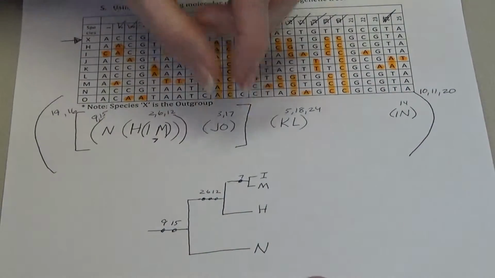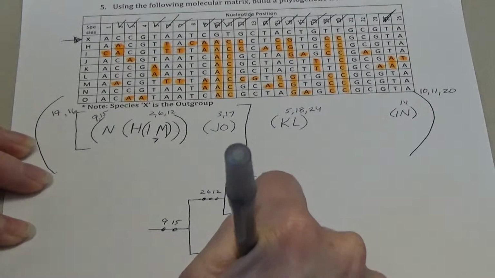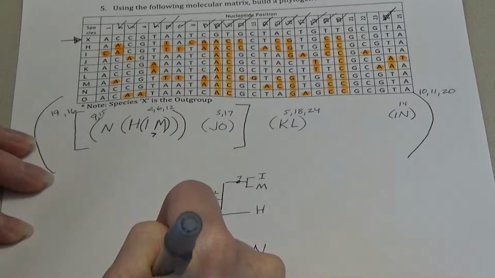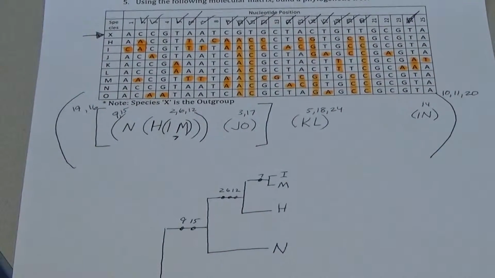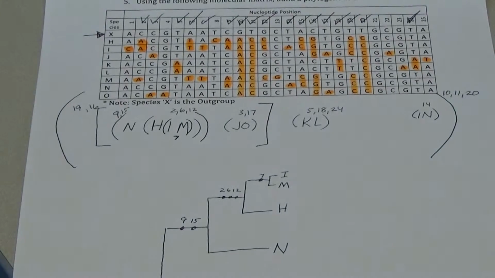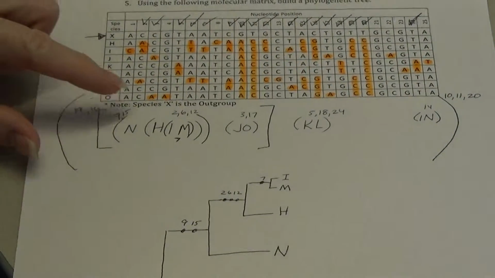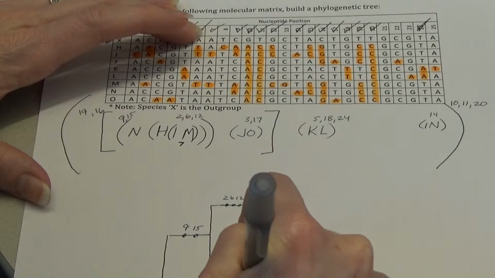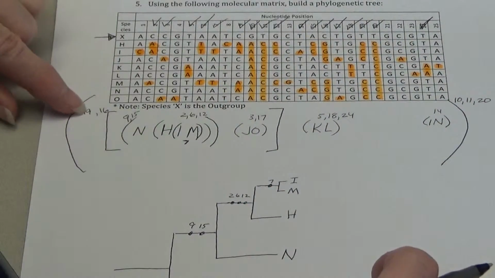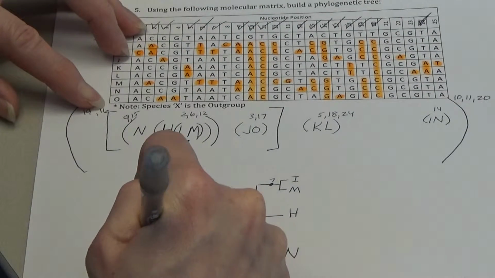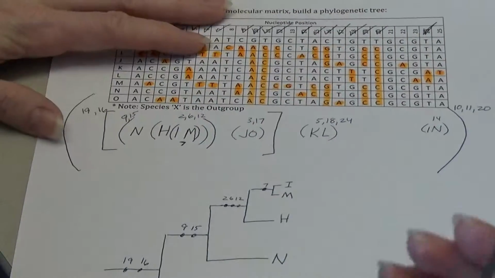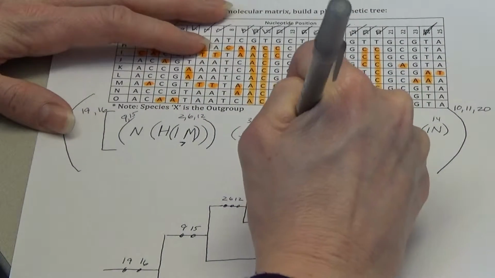Okay, and then next to them is this JO group. So let's draw the JO group and put it next to them. Oh, I apologize. Okay, so the J and O group are together with 3 and 17. Okay, and then all of them are together with 19 and 16. All right, and then next to them is KL. So I'm going to put KL up here because I'm running out of room.